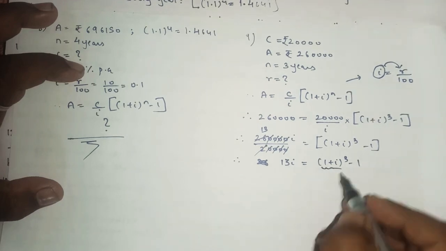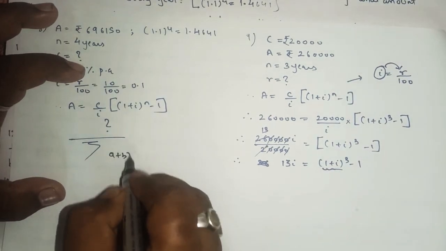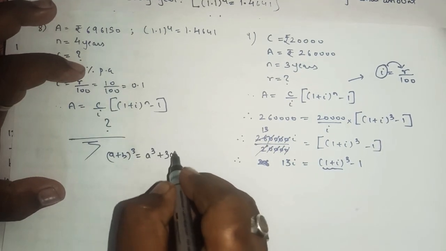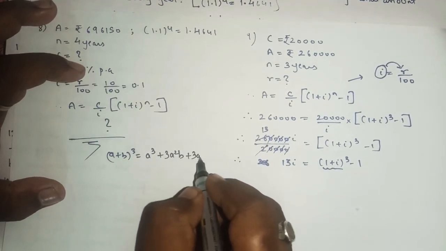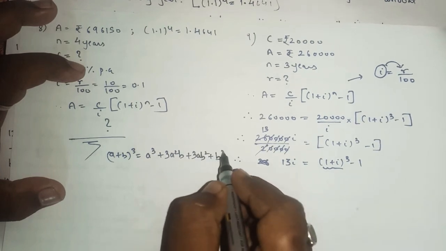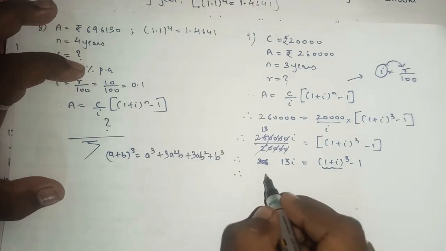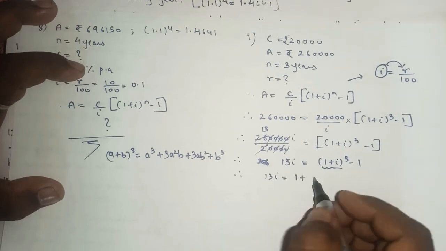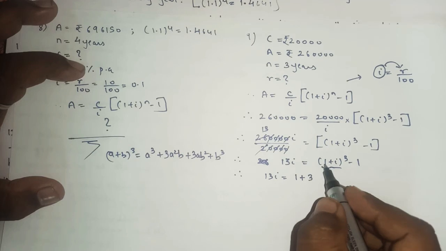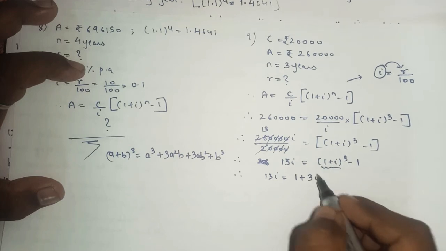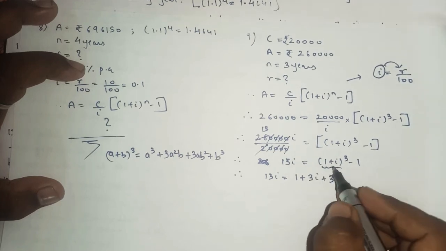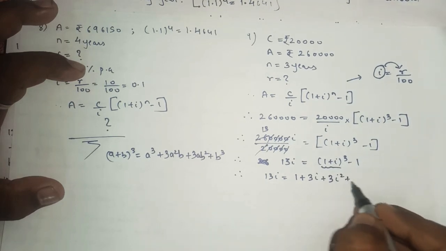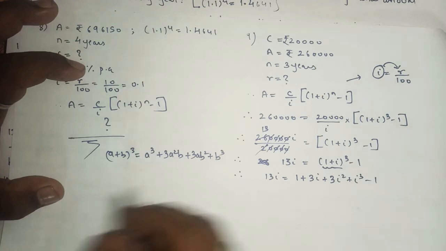As this part looks like a plus b the whole cube, we have to apply the formula, that is a cube plus 3a square b plus 3ab square plus b cube. So here we'll apply the formula: a cube, plus 3a square b, so this will be 3i, plus 3ab square, so this will be i square, plus i cube, minus 1.